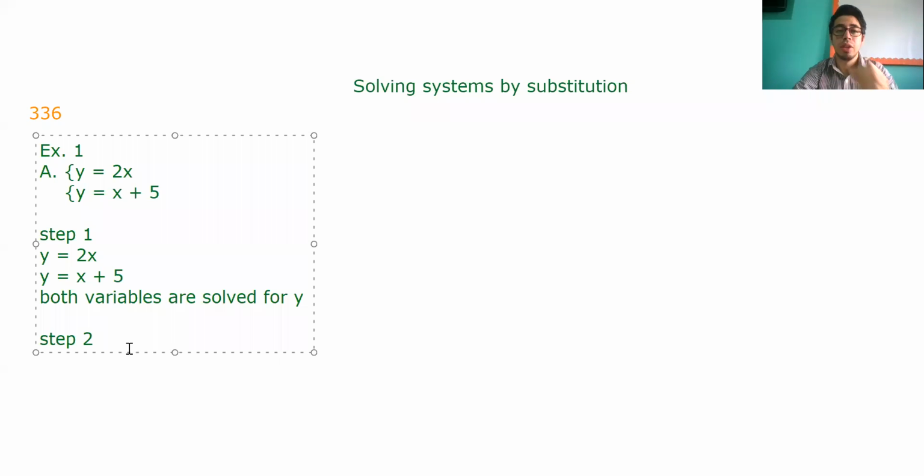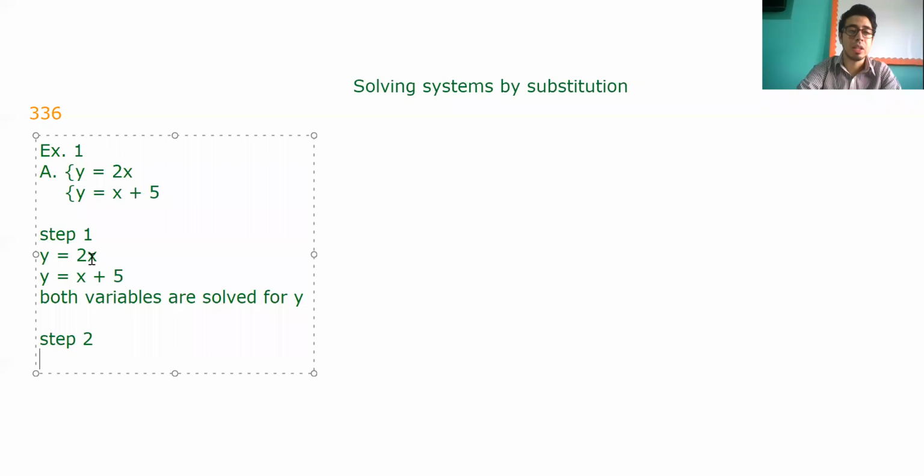Because we don't have to work with two variables. The idea is to work only with one variable to find the answer first, and later we use this to find the other one. I don't want to work in here with y and x, the same in here. So I'm going to take one of these and replace it.